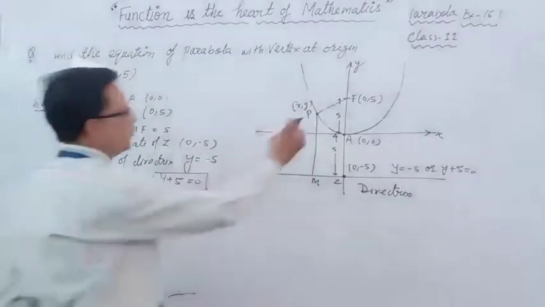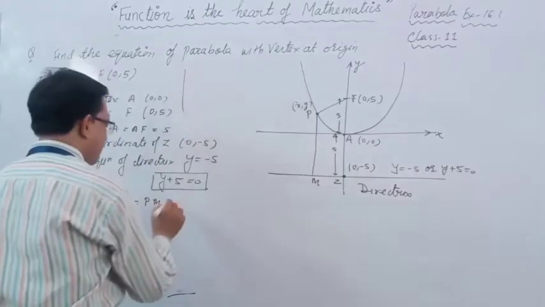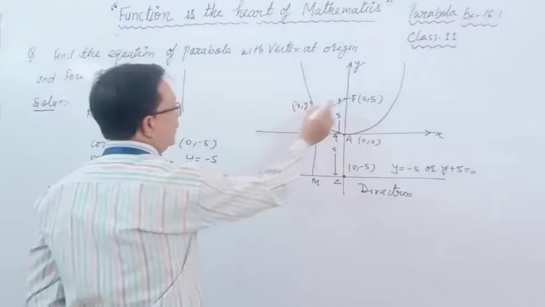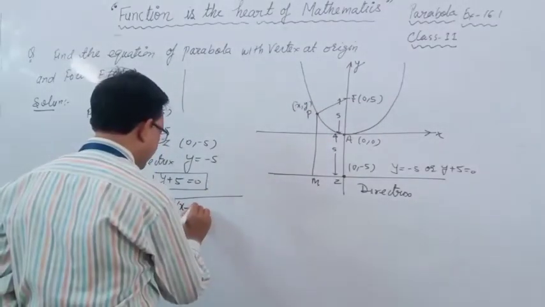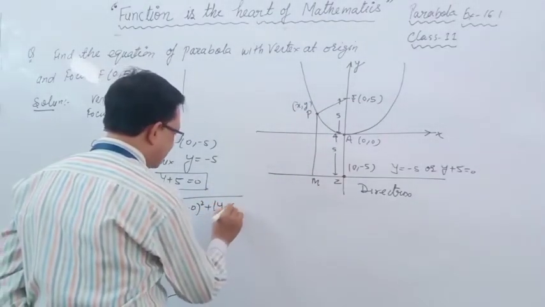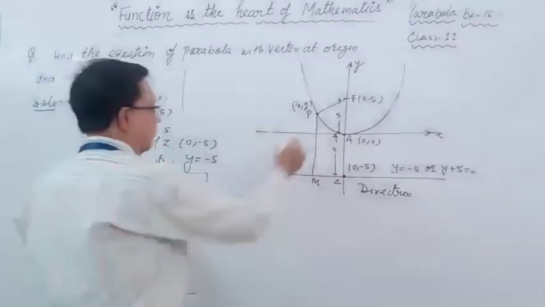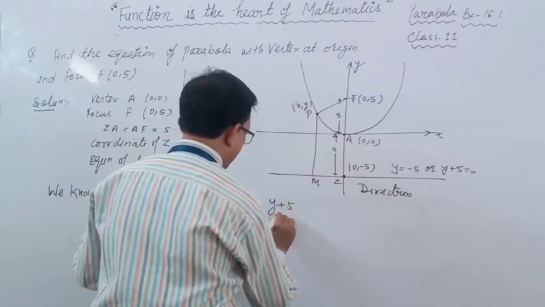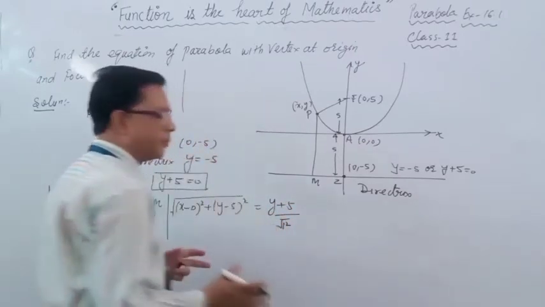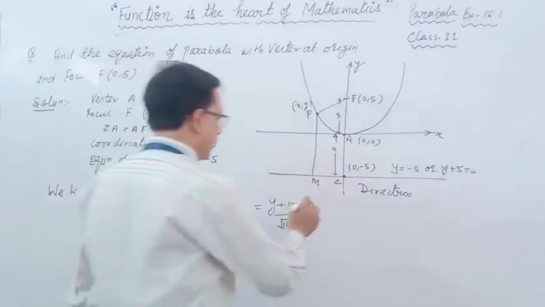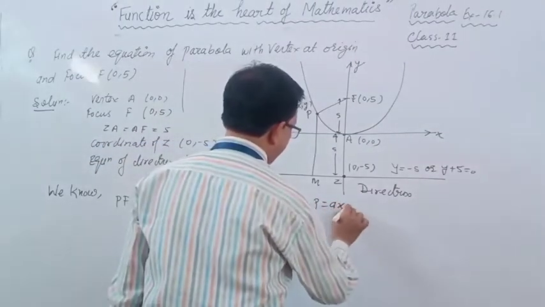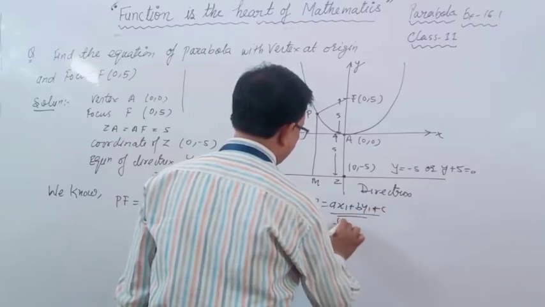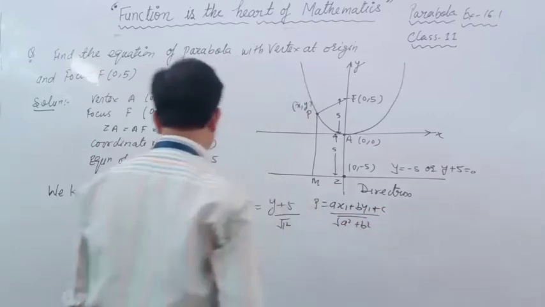So we find the distance between these 2 points by applying the distance formula. This is root of (x minus 0) whole square plus (y minus 5) whole square. Now the perpendicular distance from the directrix is (y plus 5) upon root of 1 square. By using the perpendicular distance formula, (ax1 plus by1 plus c) upon square root of a square plus b square.